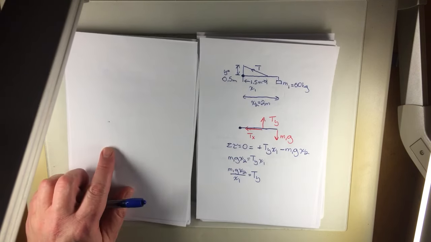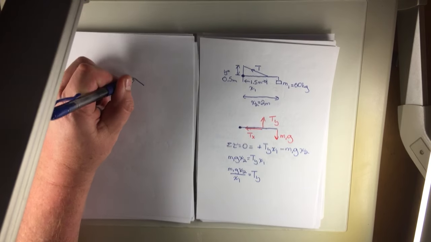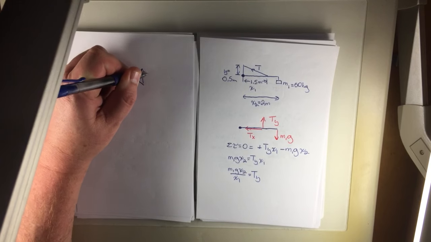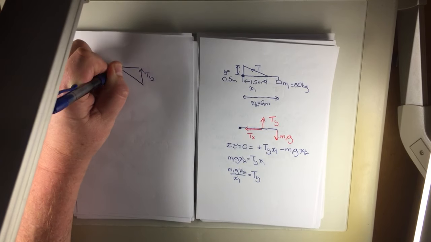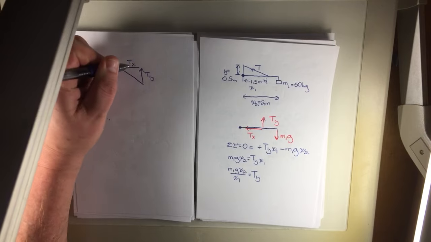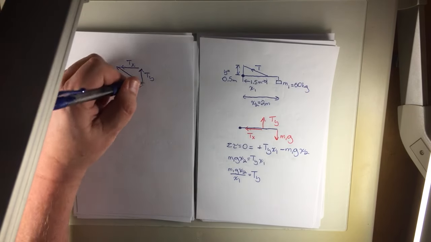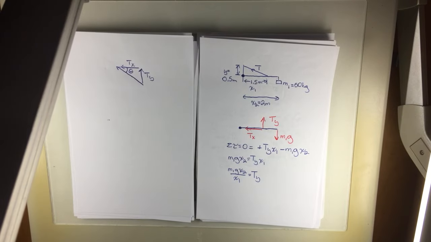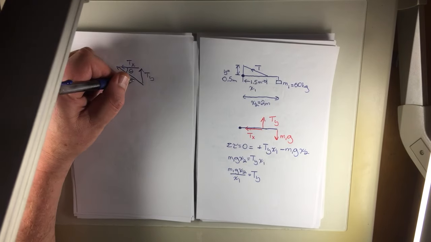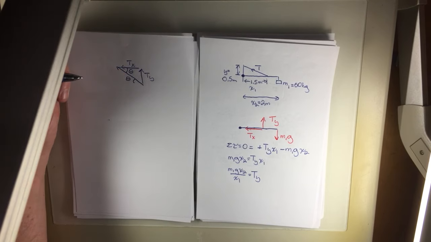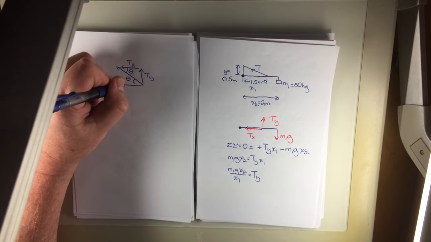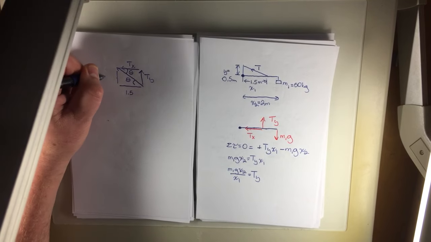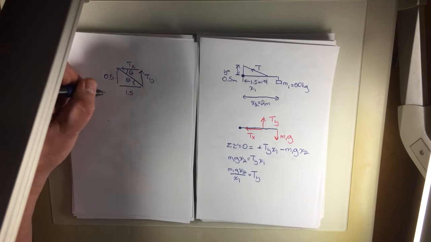Now the thing about the tension is it's coming up and to the left. You've got Ty here. You've got Tx there. You've got that angle that I haven't given you yet, but that angle is the same as that angle. This distance here is 1.5. That distance there is 0.5.